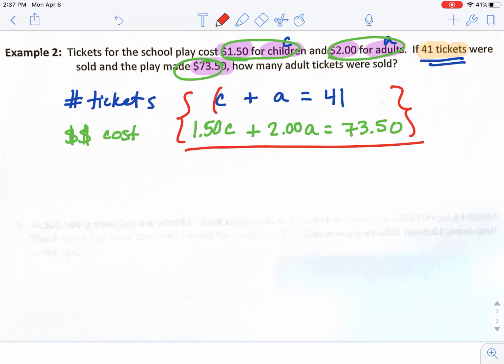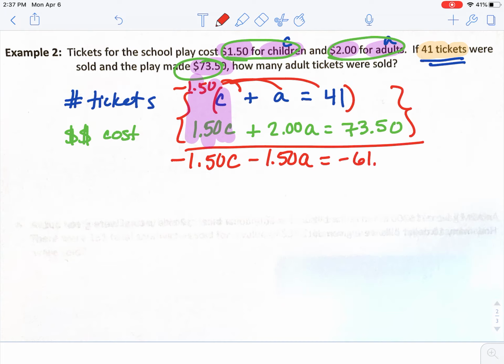I think the easiest way would probably be to multiply this first one by negative 1.50 so that it'll cancel out, right? I'll be able to see that these two will cancel. Don't forget, you got to distribute to everything. So when I distribute that, I'll have negative 1.50c minus 1.50a, negative 1.50 times 41 gives me negative 61.50.